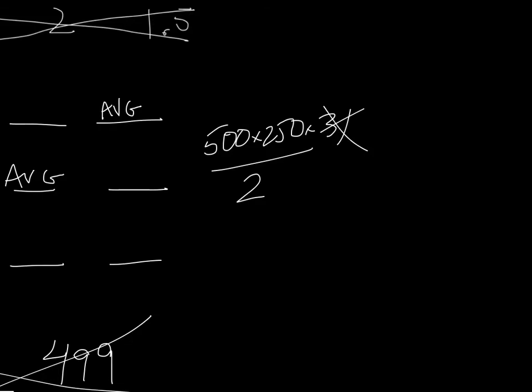So the answer is 250 times 250. What's 250 times 250? 62500. So we're off by 250. Yeah, we overcounted. So it needs to be 250 times 249.